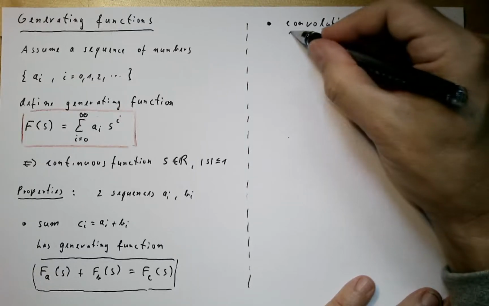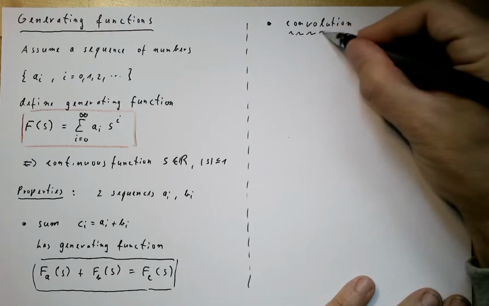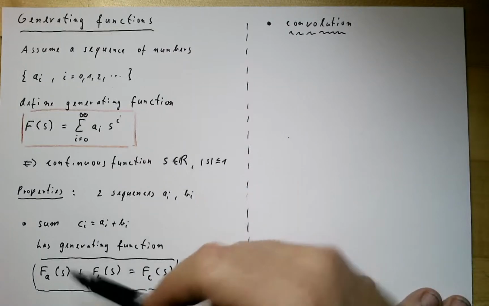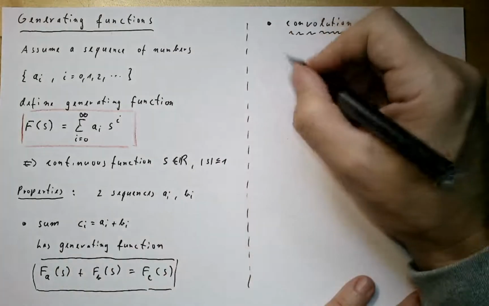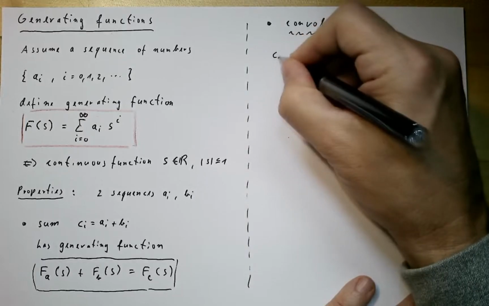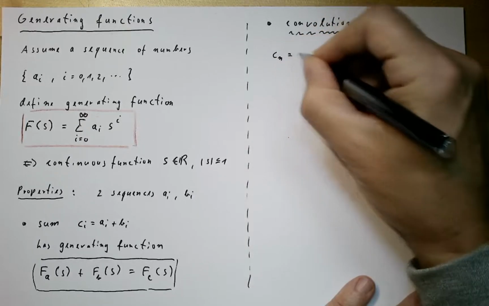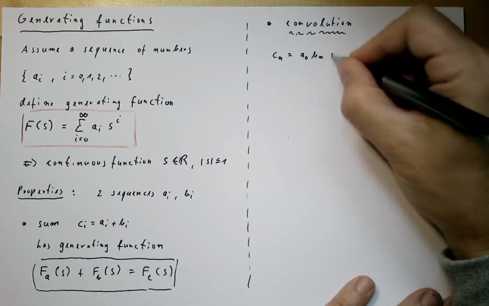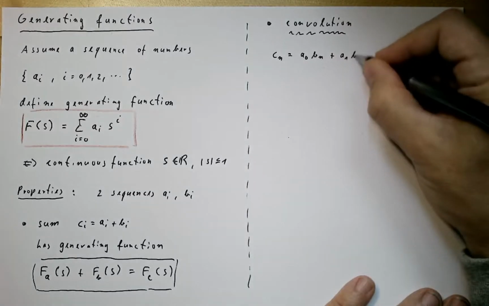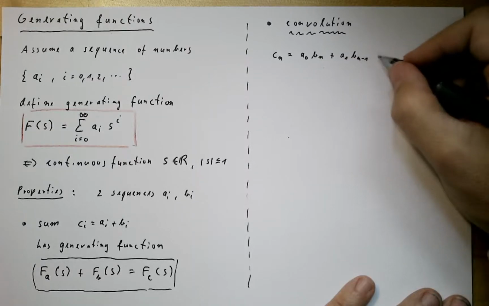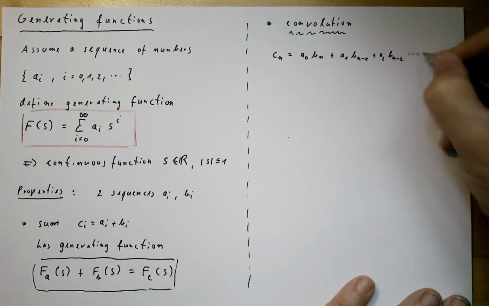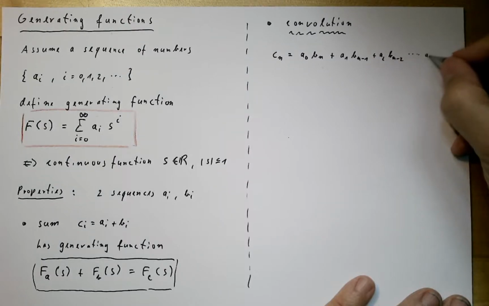So what do we mean by convolution of two sequences? We want again to generate a new sequence C, and the nth element of the sequence is given as a_0 b_n plus a_1 b_(n-1) plus a_2 b_(n-2) until a_n b_0.